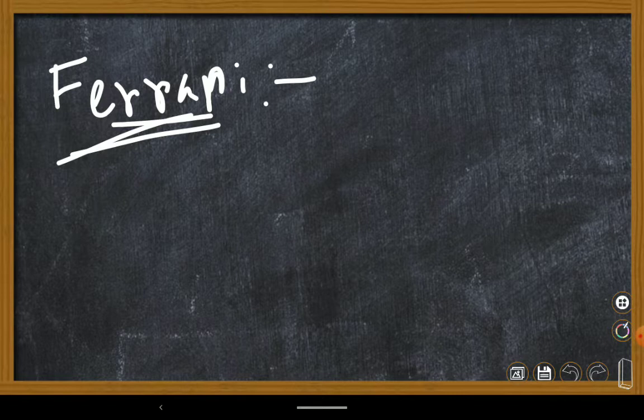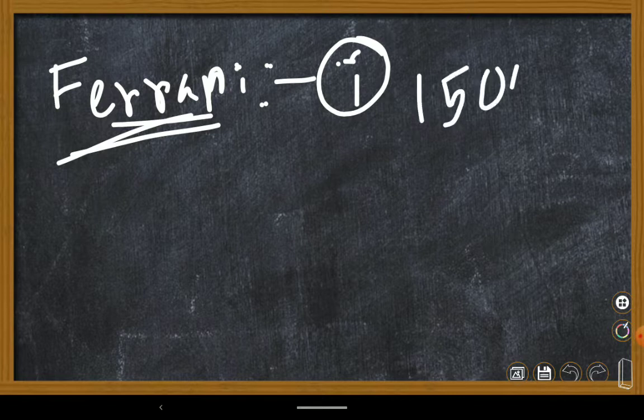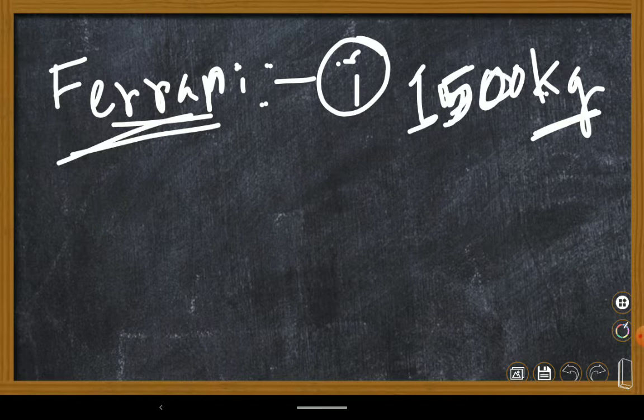My first point is on the Ferrari. An ordinary Ferrari car has a mass of 1500 kg, and here kg is the SI unit for mass. So the mass of a Ferrari is equal to 1500 kg.